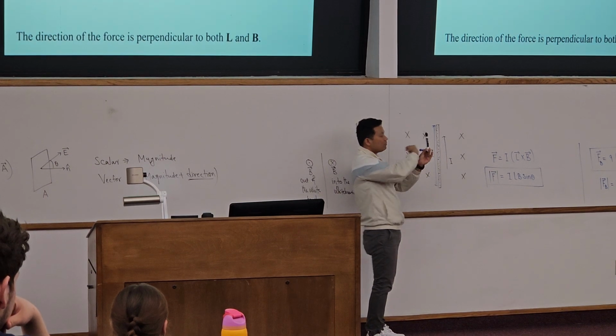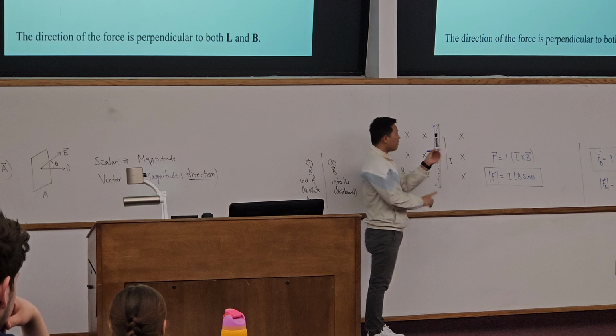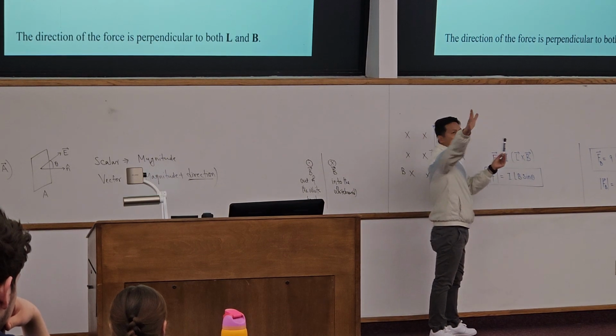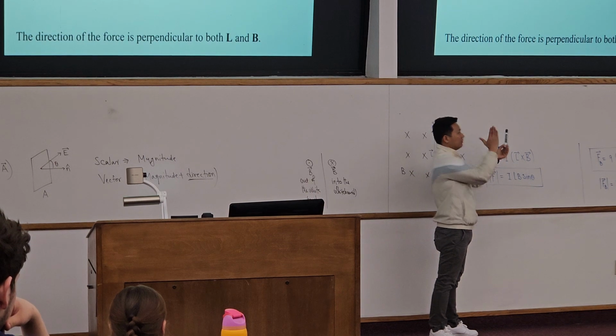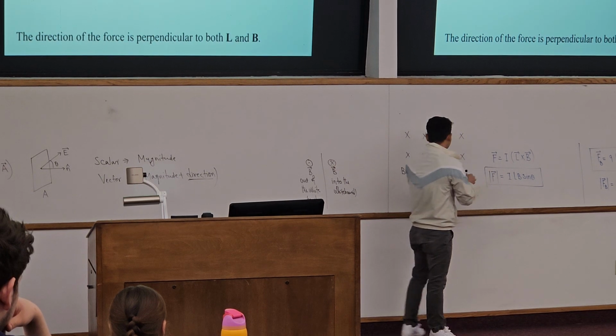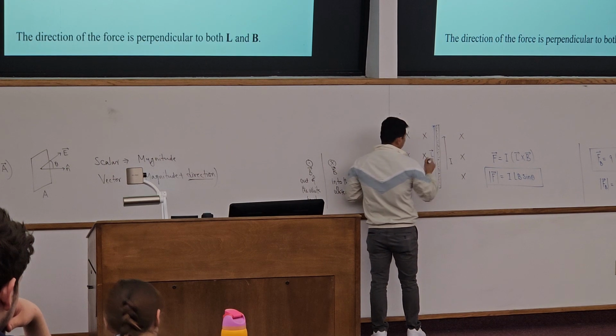The first vector is length, so I take my right hand, point from the first vector to the second vector, and the direction of the thumb is towards me.